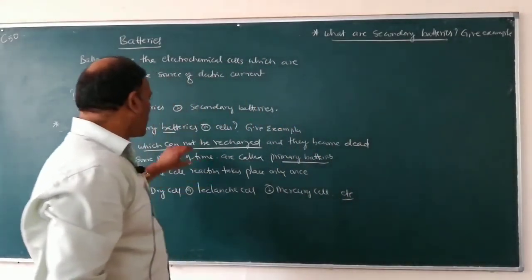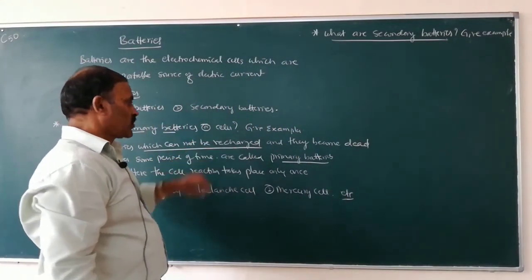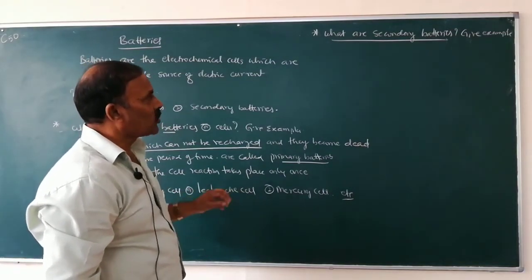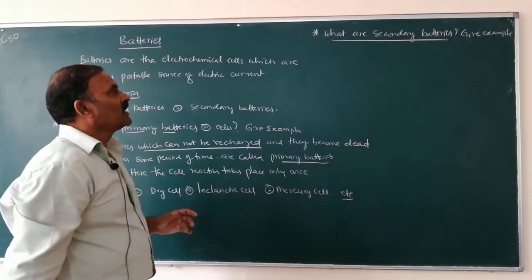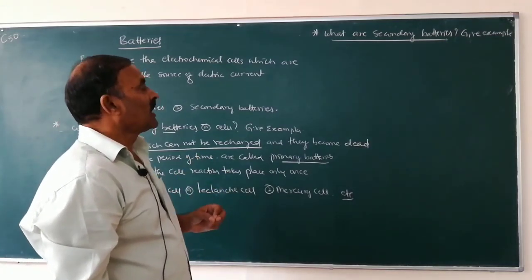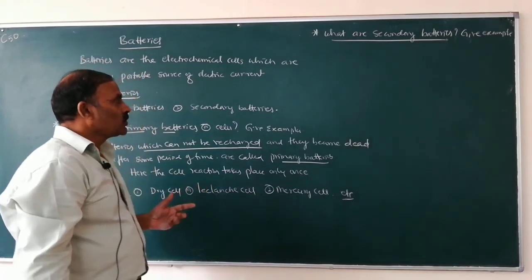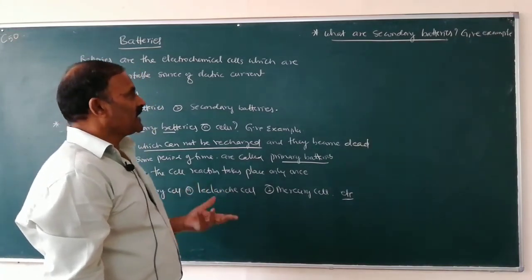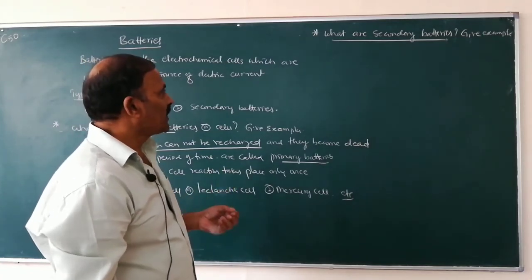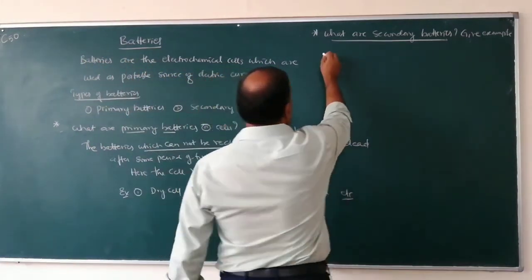Primary batteries cannot be recharged, whereas secondary batteries can be recharged by passing electric current in the opposite direction, and then they can be used for a long time. Such batteries are called secondary batteries.